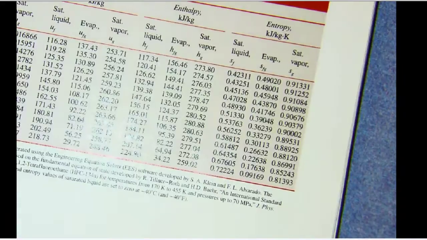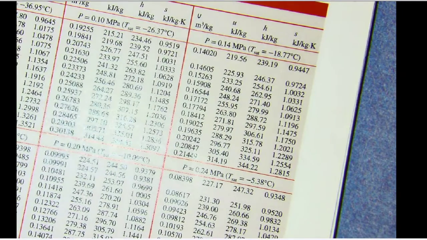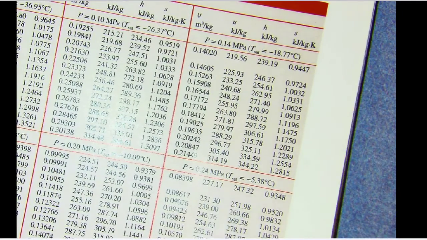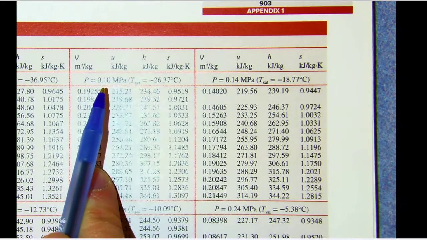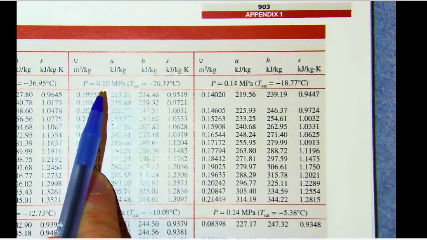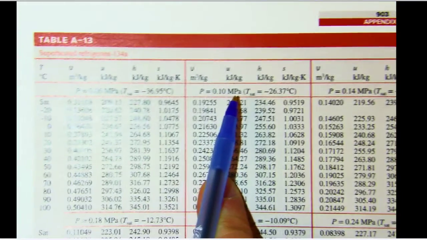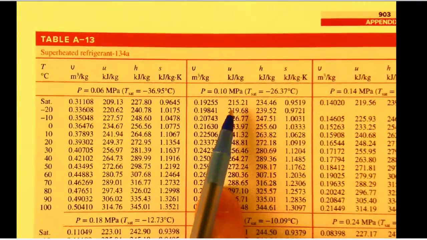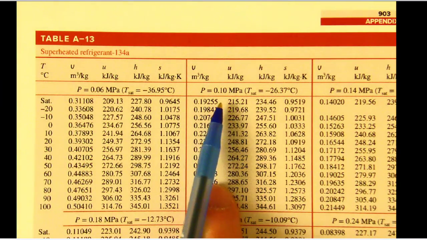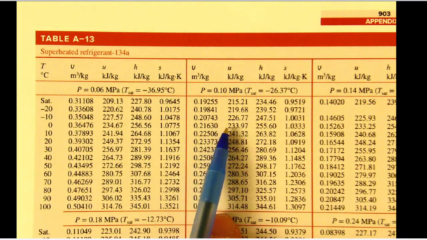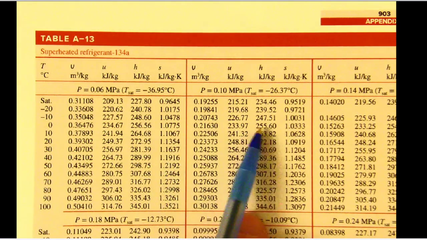And in fact, if you go to table A13 and look up your pressure, 100 kPa, and you look down at your temperature, you can see these are all superheated data, right?